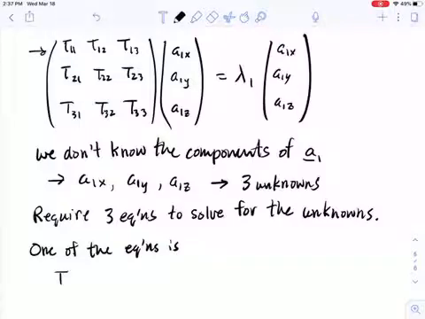So we would get T11 A1X plus T12 A1Y plus T13 A1Z would have to be equal to lambda 1 A1X.